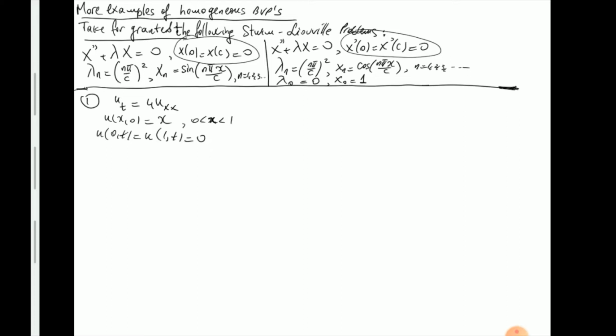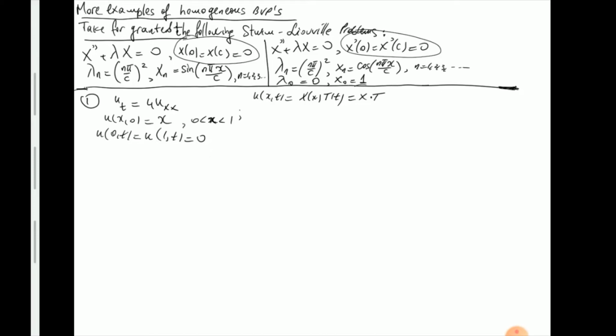So let's see where that comes from. We assume, as always, that u(x,t) has the product form. And again, from this point on, feel free to write it just X times big T, as long as there is no risk of confusion, as long as you always remember that big X depends on little x and big T on little t.